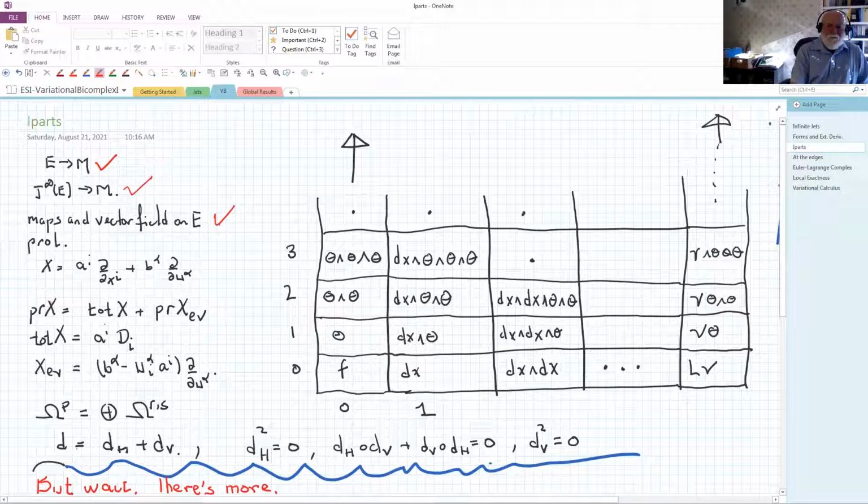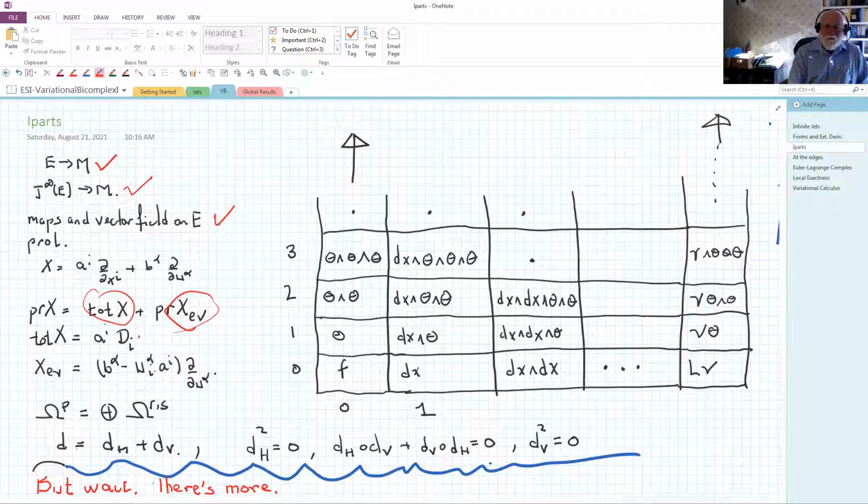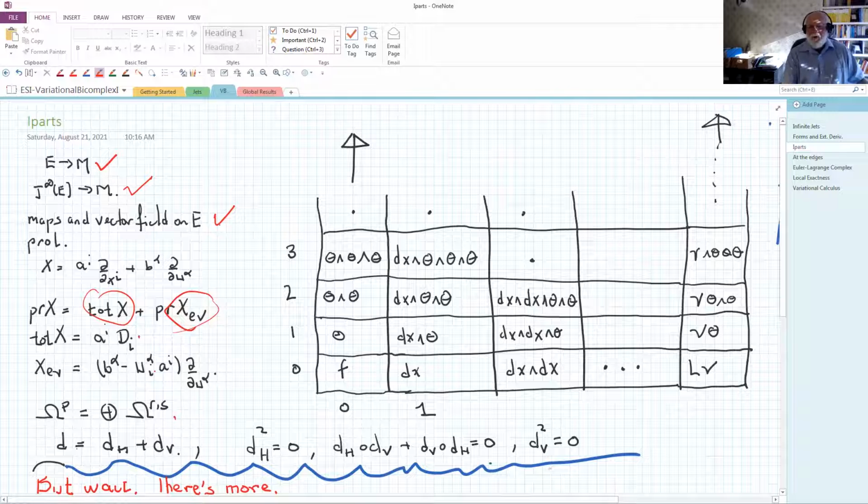Every vector field prolongs, and it can be split into a total vector field, which is a total derivative operator, and a field variation called the evolutionary part. Our total vector fields look like this. Our forms decompose like this. And now we have this big picture, and this picture here represents this double complex.